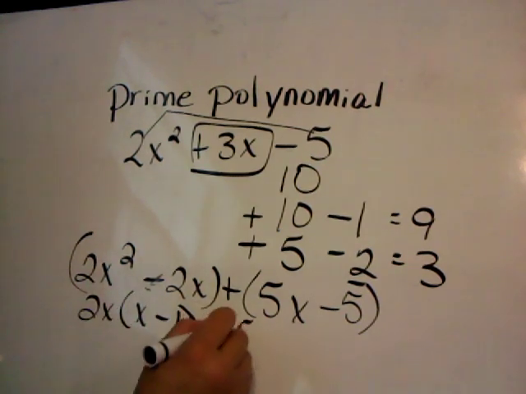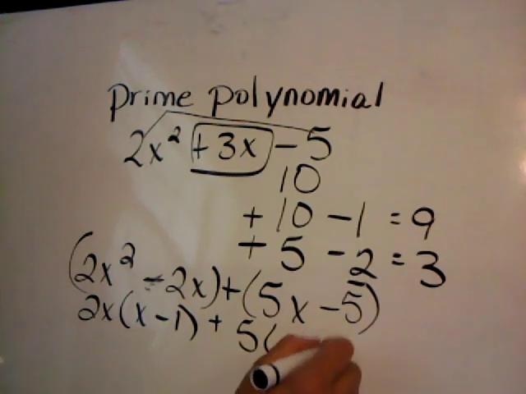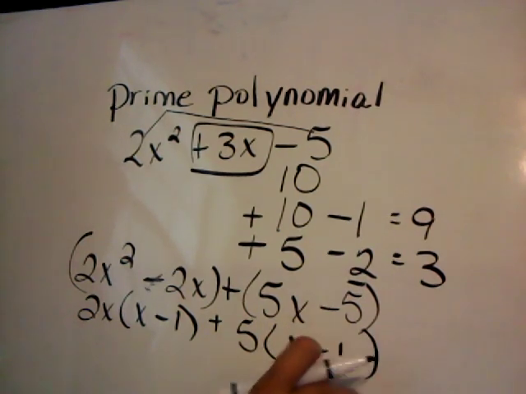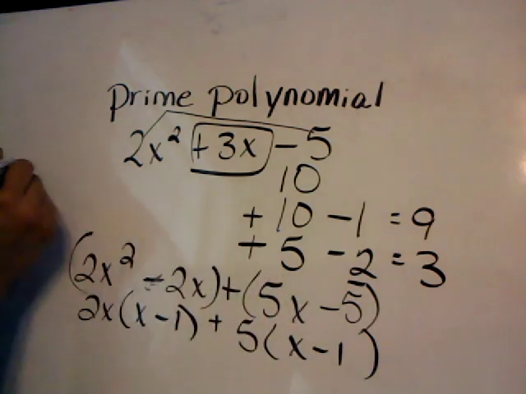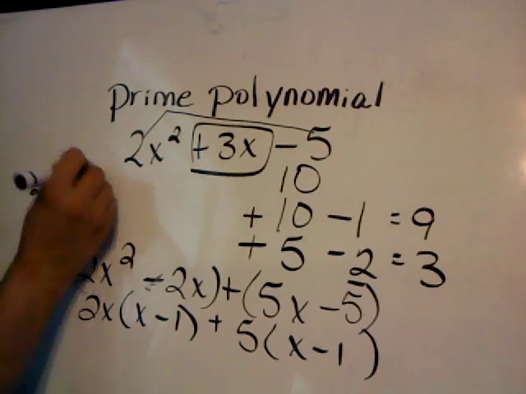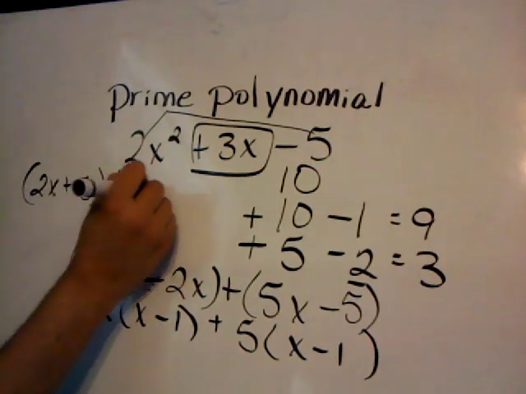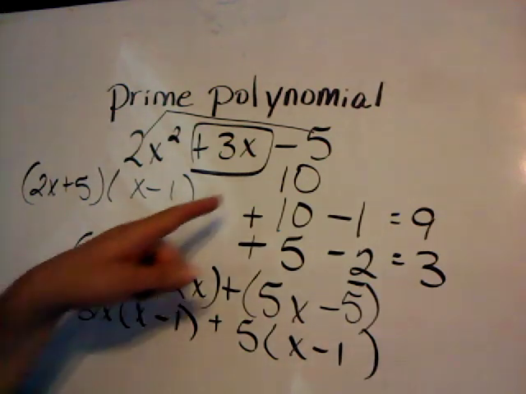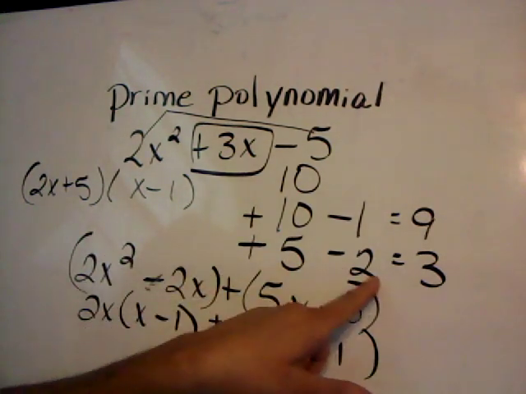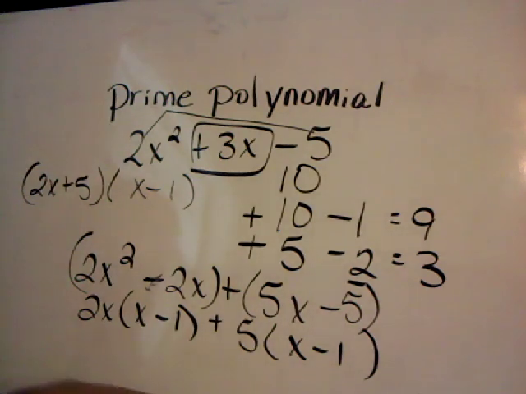I'm going to take out a 5 here, leaving me with x minus 1. And I have found my common ground here. And so this can be written as 2x plus 5 times x minus 1. This is not a prime polynomial. I exhausted all of my factors, but the 5 and the 2 did work.